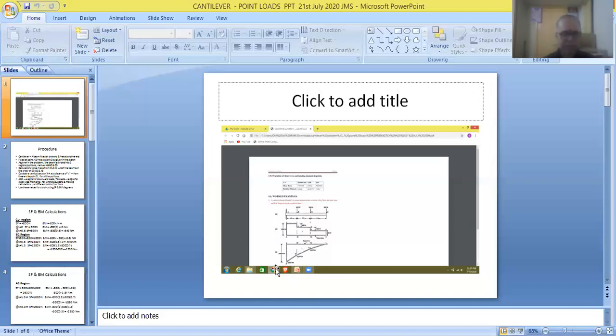And finally, at the last point, at X equal to 2, we got the value of bending moment as 2350. So this distance will be equivalent to 2350 Newton meters. This way, take SF values at different points and prepare the SF diagram. Take bending moment values at different points and we can prepare a bending moment diagram.